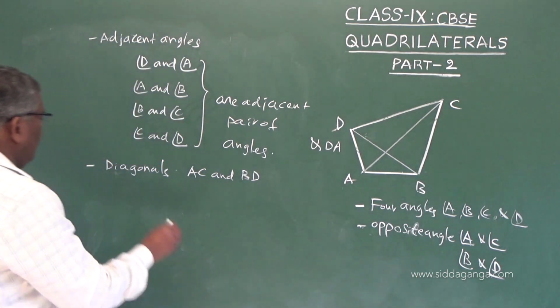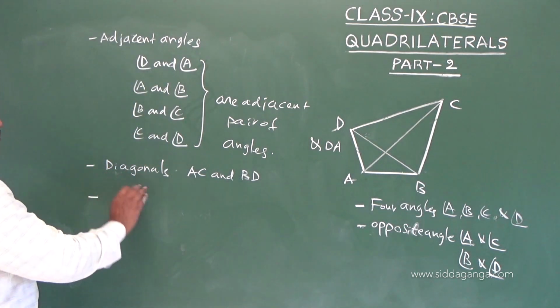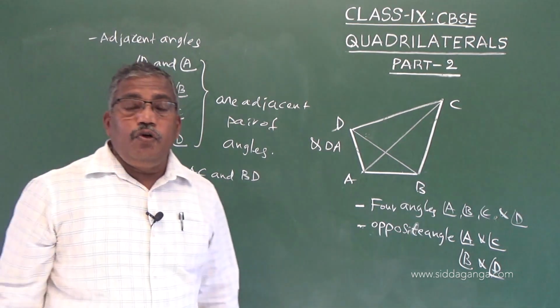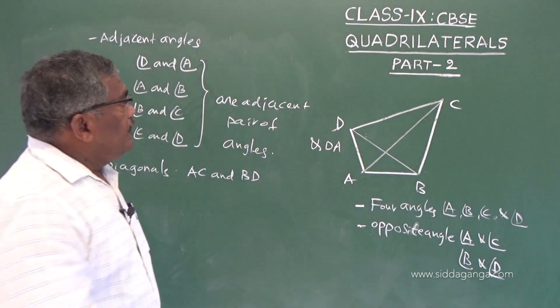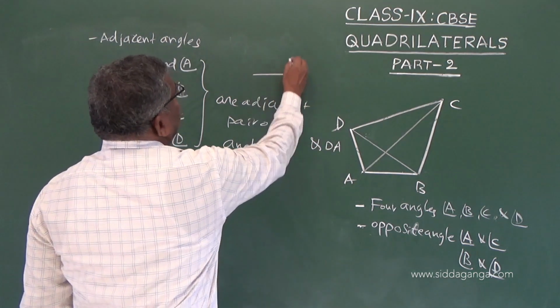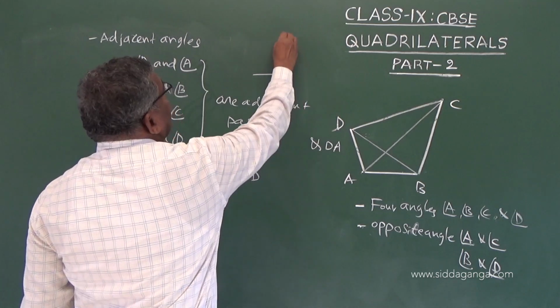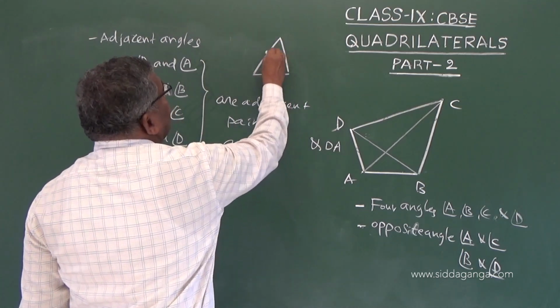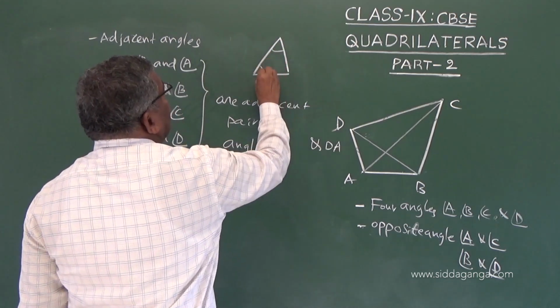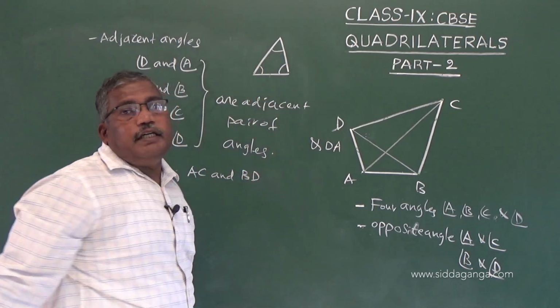Now, more important thing is, you know that in a triangle, the sum of three angles ABC will be 180 degree.